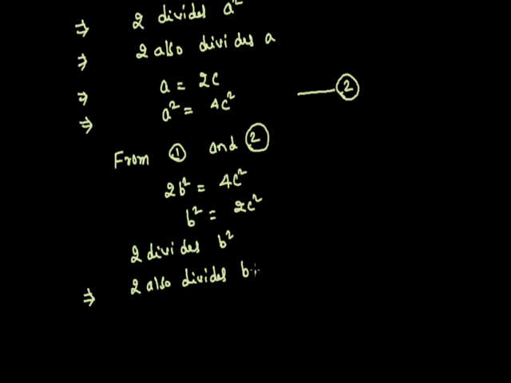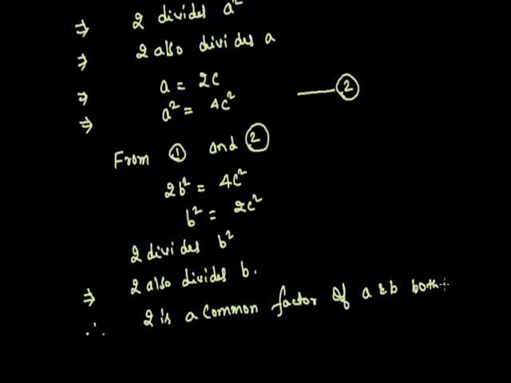Earlier we proved that 2 divides a, and here we have proved that 2 also divides b. It means 2 is a common factor of a and b both.